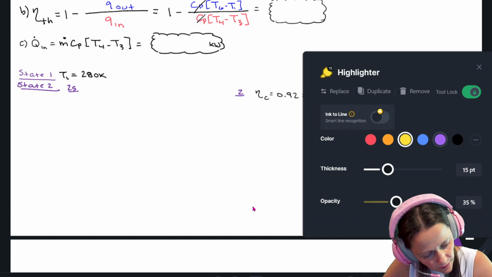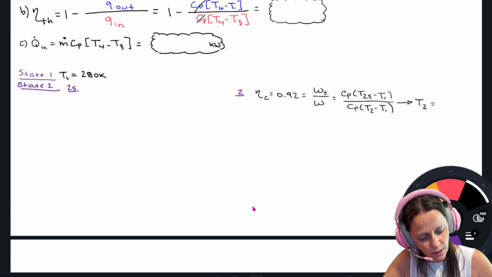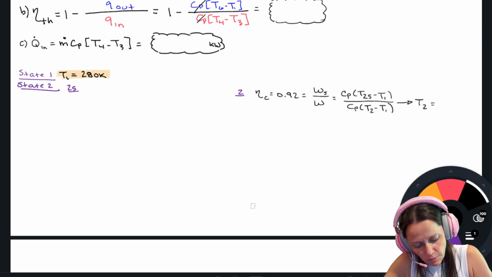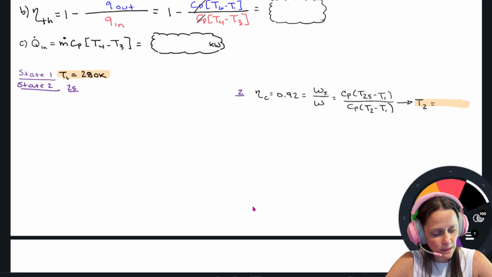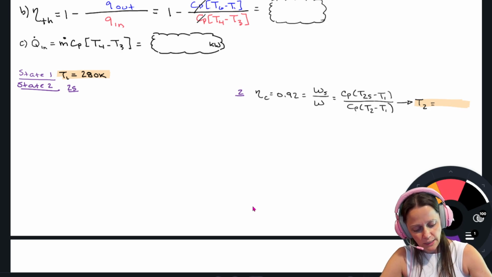All right, so as far as numbers that I'm using, I am going to need to get T2S first.